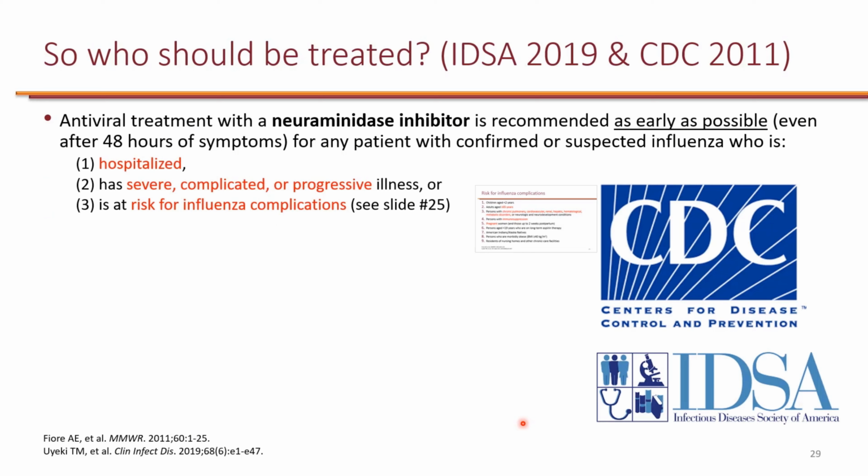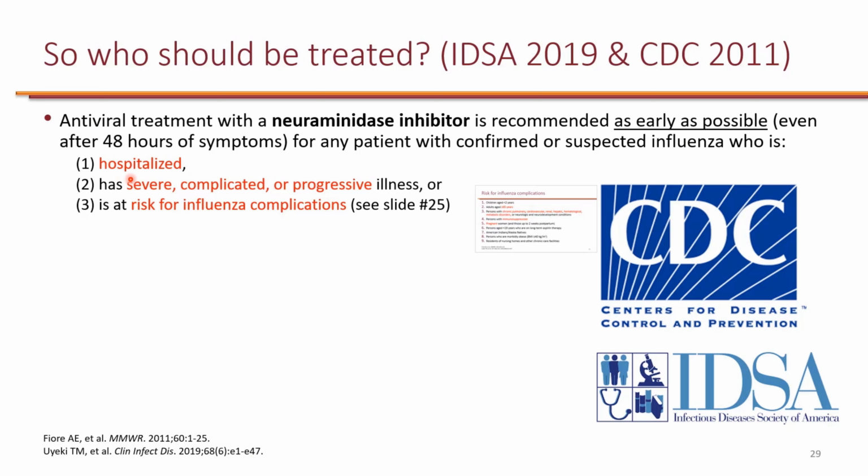Now, here are the recommendations that are for the most part the same from the IDSA guidelines as well as the CDC guidelines. They both recommend neuraminidase inhibitors as early as possible, even after 48 hours of symptoms, in patients with confirmed or suspected influenza who are hospitalized.